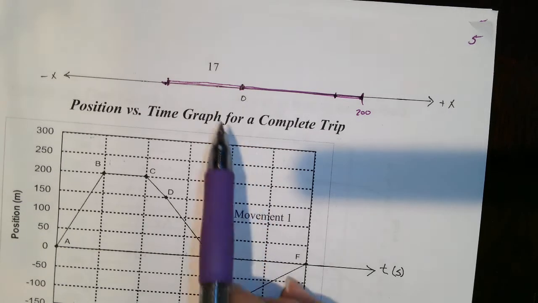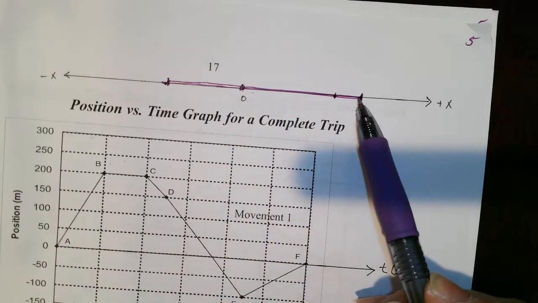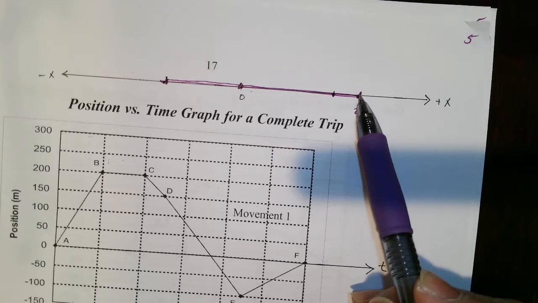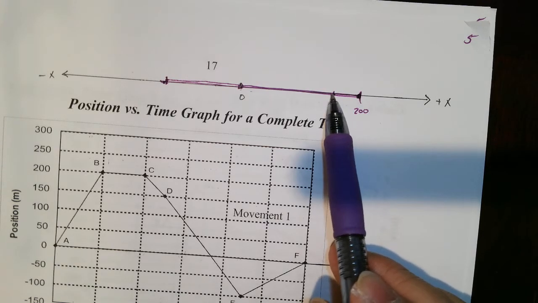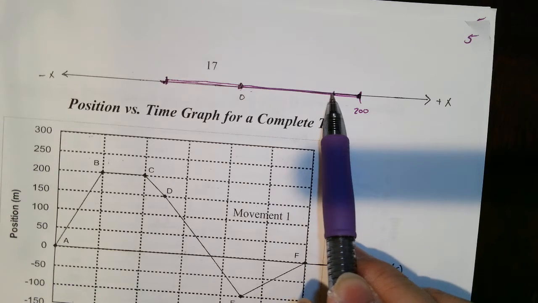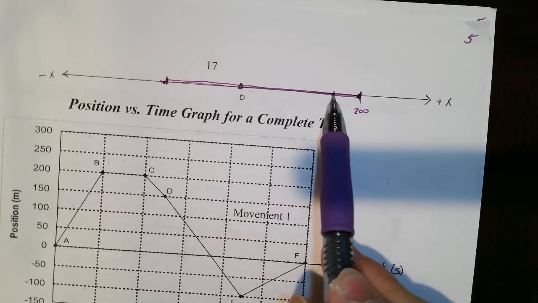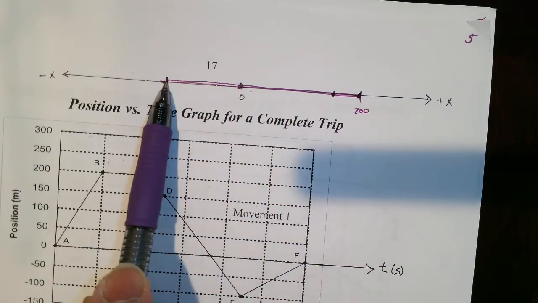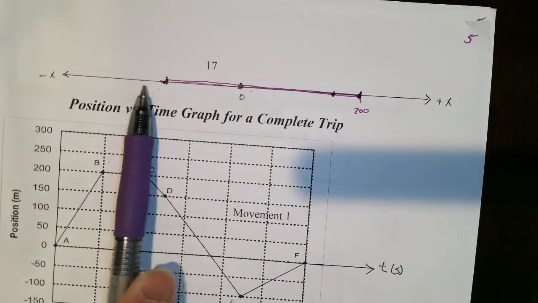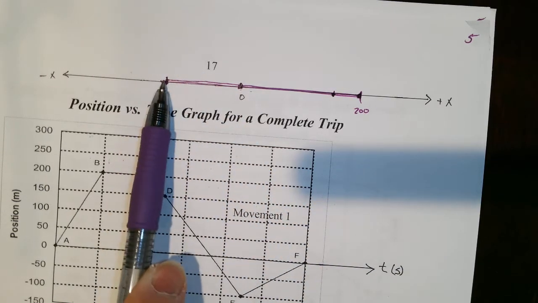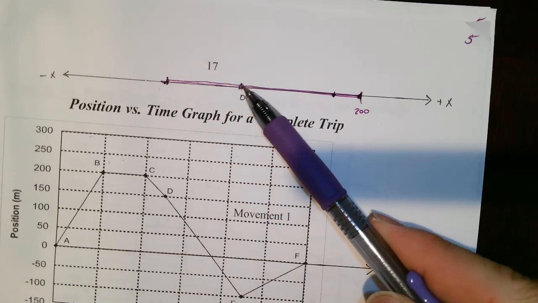Okay? It started at the origin, went 200 meters in 10 seconds, and stayed there for another 10 seconds at 200 meters. Then it went back 50 meters in 5 seconds. Then it went back 250 meters in the negative direction in 20 seconds. Then in 15 seconds, it came back towards the origin, 100 meters.